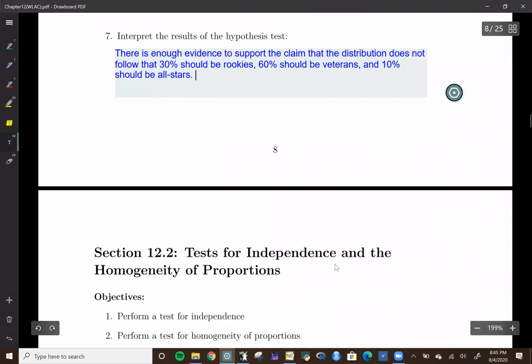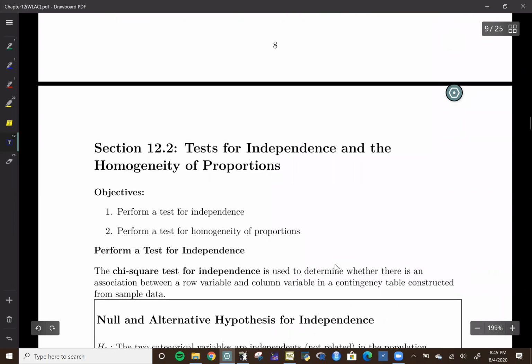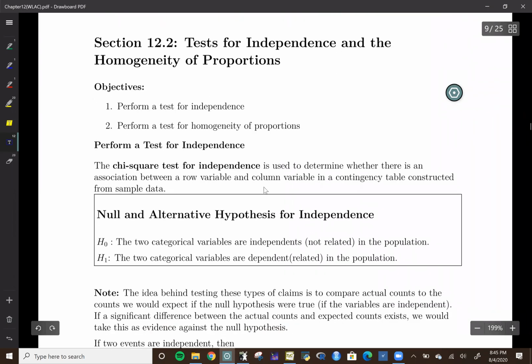All right. So for this one, we're gonna do something a little bit different because for this one, I'm not gonna test you on the hypothesis test. I'm just gonna test you to see if you know how to find the expected value. So all we're gonna do is focus on how to get the expected value, and then that's gonna be it for section 12.2.